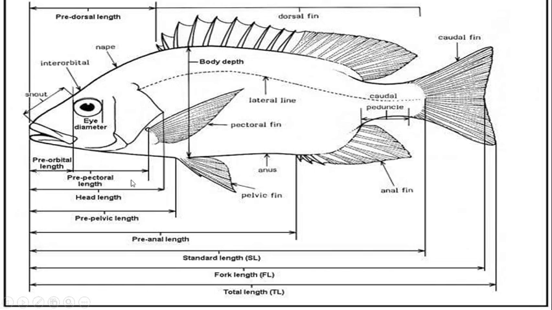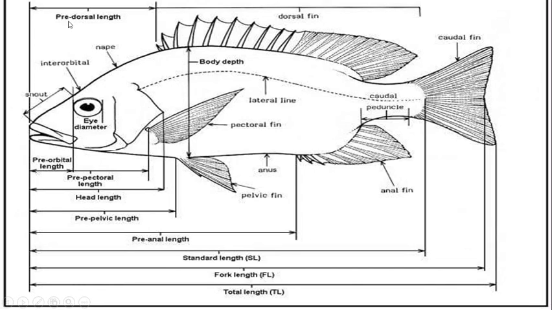Then pre-pectoral length from the tip of snout to the insertion of the pectoral fin. And the pre-orbital length, which is from the tip of snout to the front of eye.